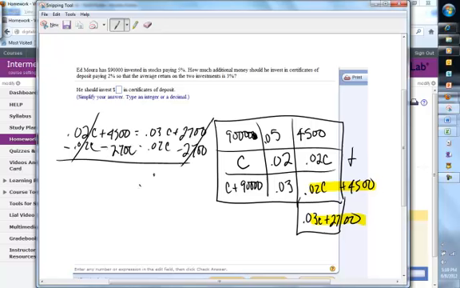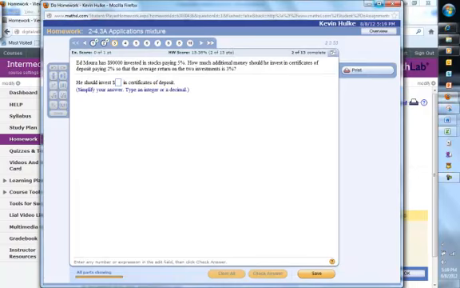And we get 0.01 C is 4,500 minus 2,700 is 1,800 is 0.01 C, so divide both sides by 0.01. And we get 180,000 should be in certificates of deposit. 180,000. Oops. Next one.